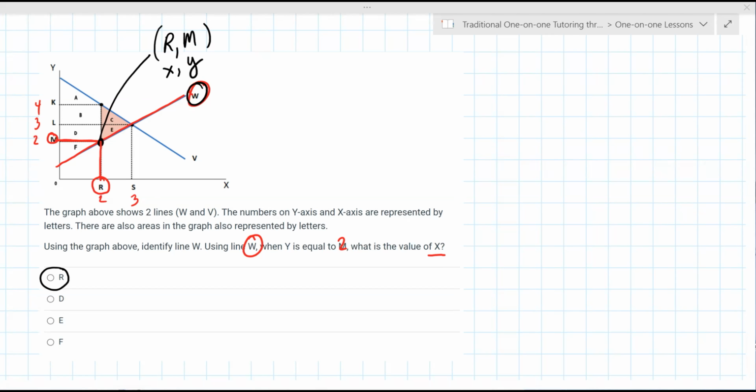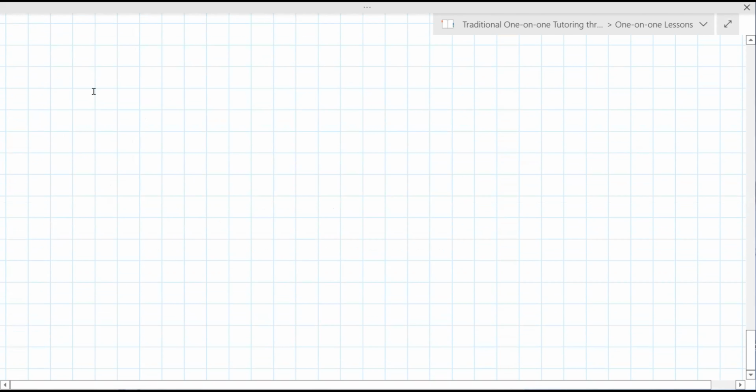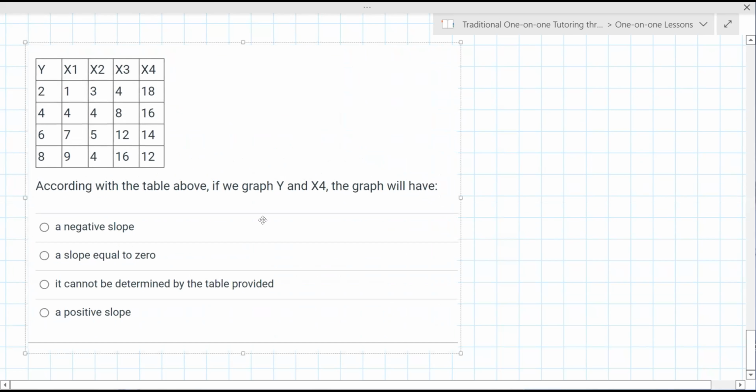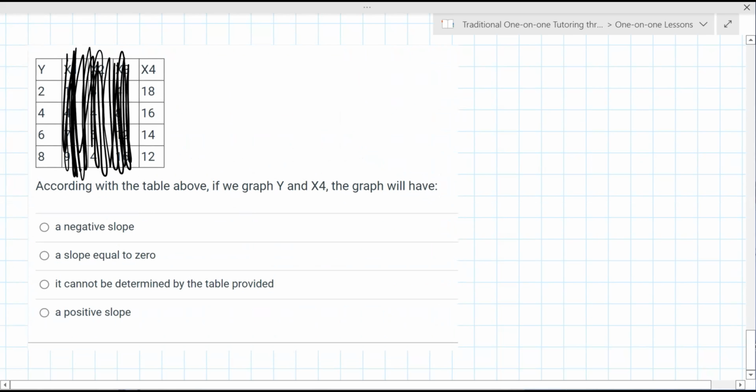All right, let's go on to number 14. 14 is like the ones that we did. This time they're asking you to do some graphing. It says if we graph y and x, you want to get rid of all this other stuff. If you print out these lessons, it's good to just cross things out. We're going to make a quick sketch of these ordered pairs. I would tell you to rewrite them in the x comma y format, because x comes before y.